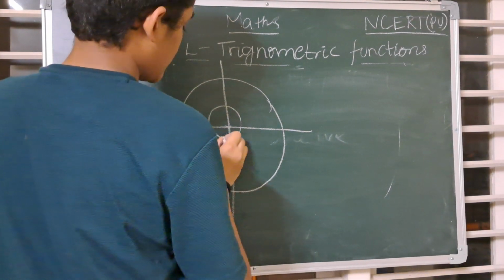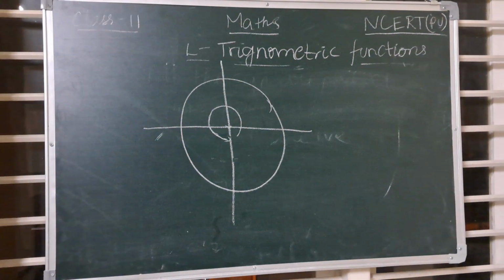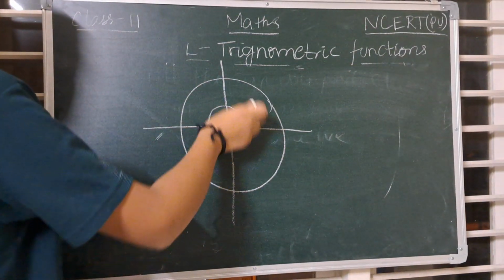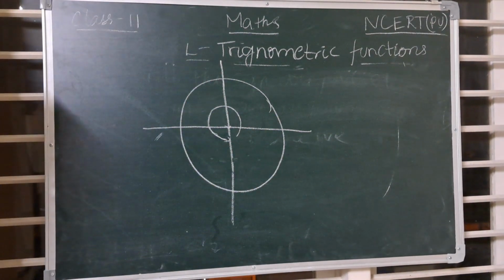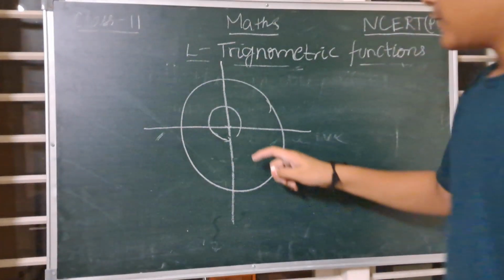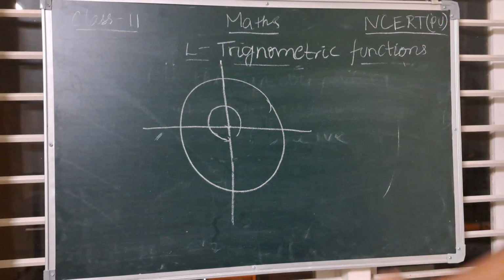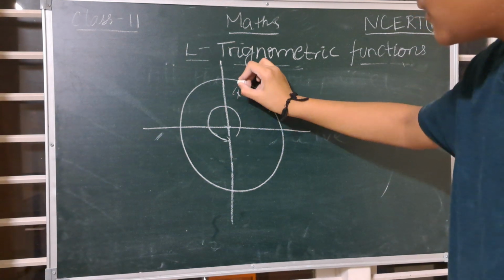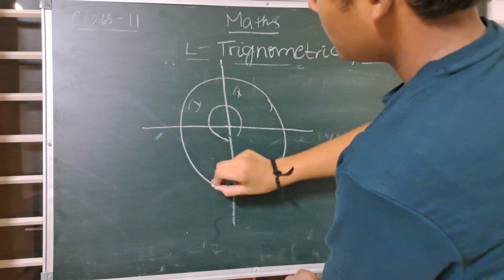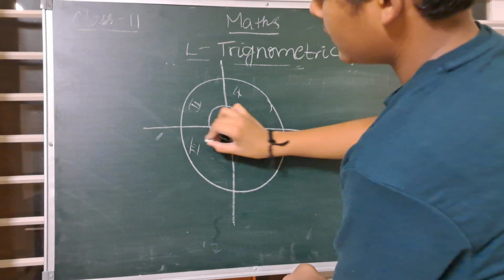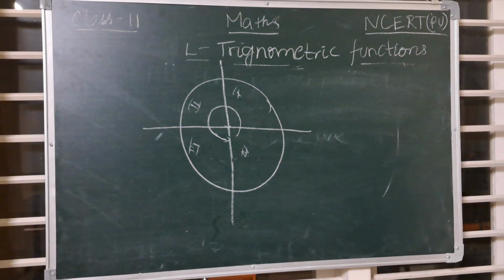This is the notable point in this ASTC rule. If we divide this circle into 4 quadrants, this is the first quadrant, second quadrant, third quadrant, fourth quadrant.